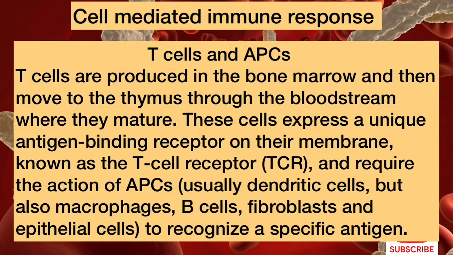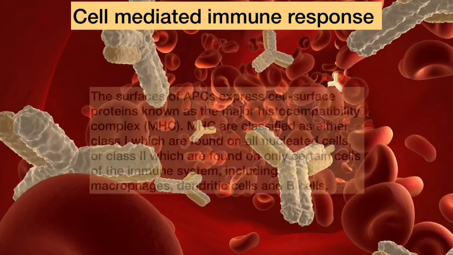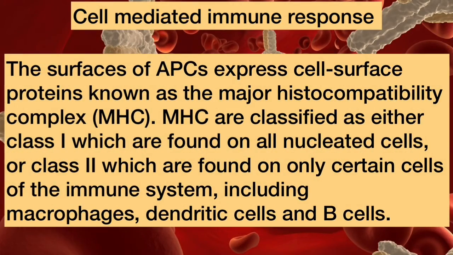T cells are produced in the bone marrow and then move to the thymus through the bloodstream where they mature. These cells express a unique antigen binding receptor on their membrane, known as the T cell receptor, and require the action of antigen presenting cells to recognize a specific antigen. The surfaces of antigen-presenting cells express cell surface proteins known as the major histocompatibility complex.